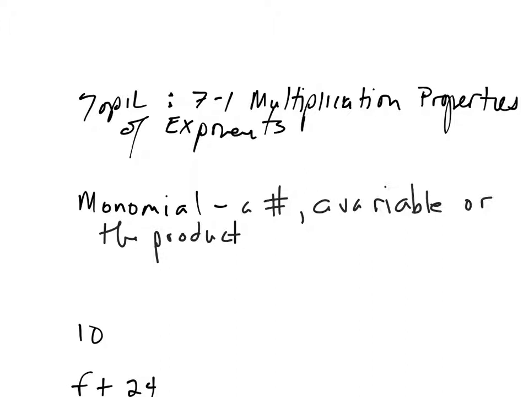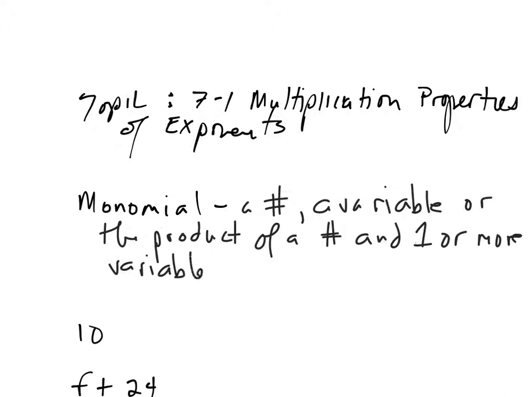So the product of a number and one or more. That's supposed to be a 1, I promise. Let's fix it. Where's my eraser? There's my eraser. One or more variables with non-negative integer exponents.